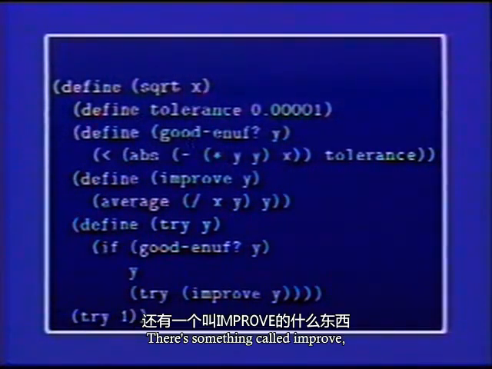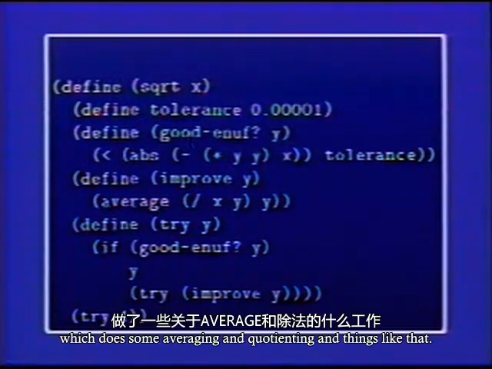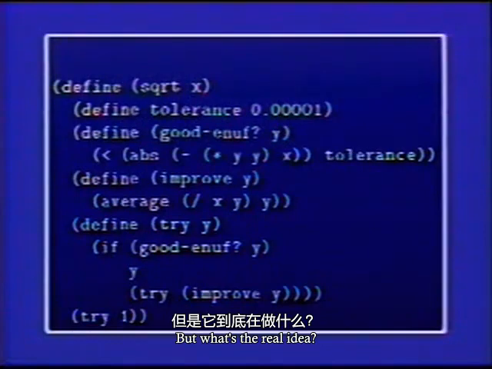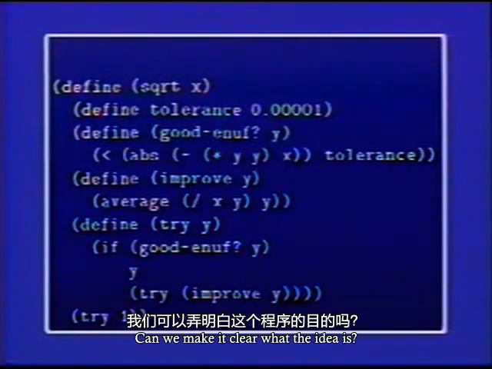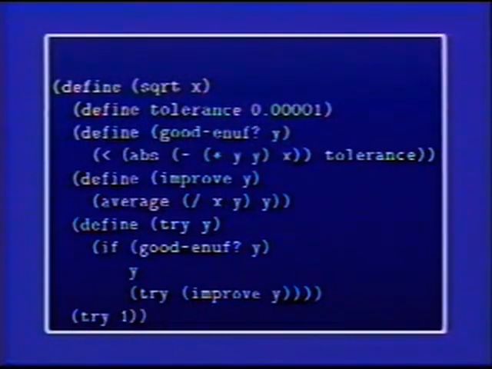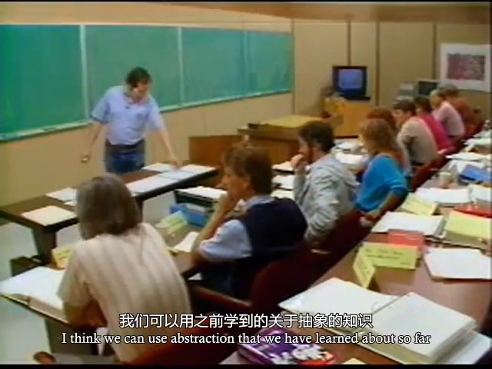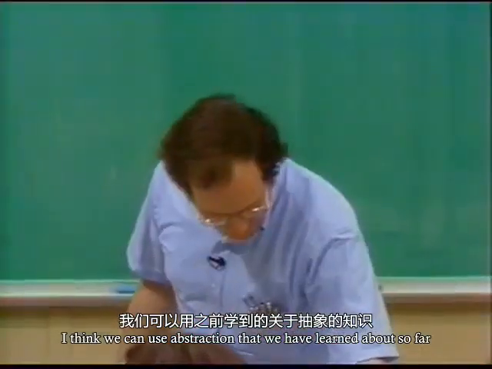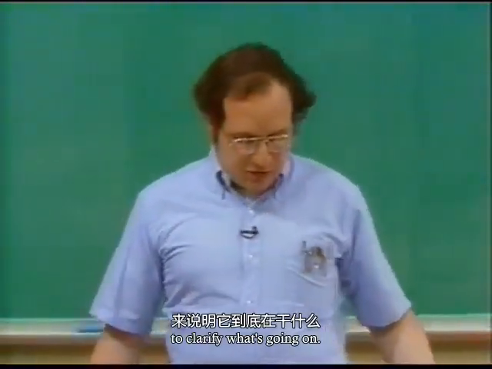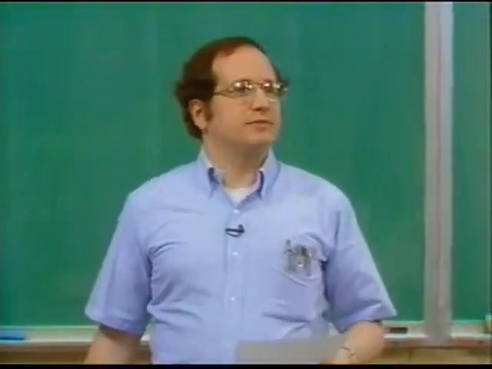There's something called improve, which does some averaging and quotienting and things like that. But what's the real idea? Can we make it clear what the idea is? Well, I think we can. I think we can use the abstraction that we have learned about so far to clarify what's going on.